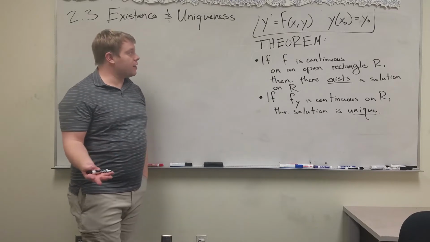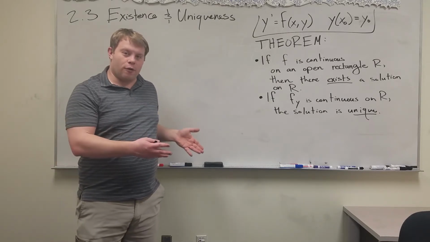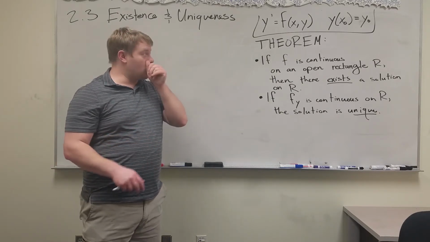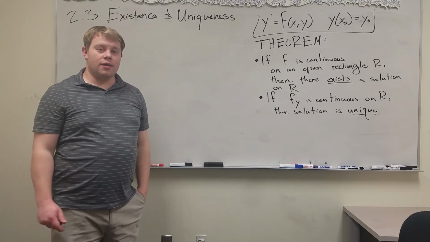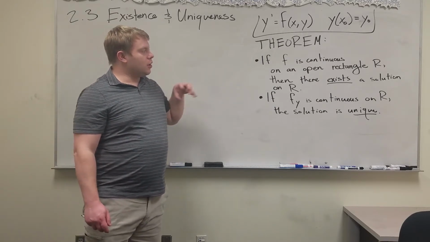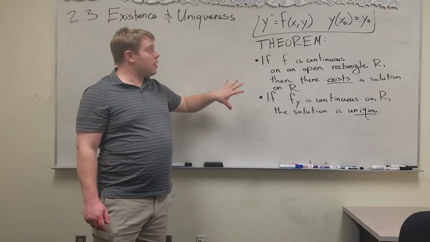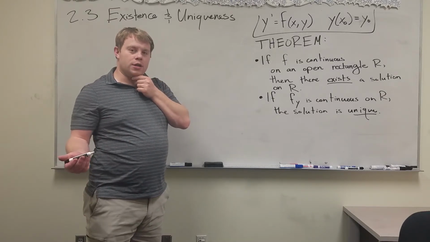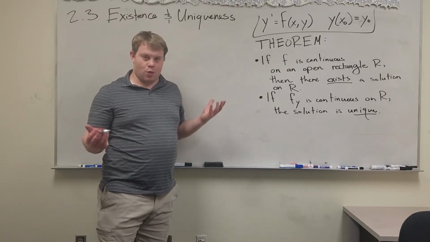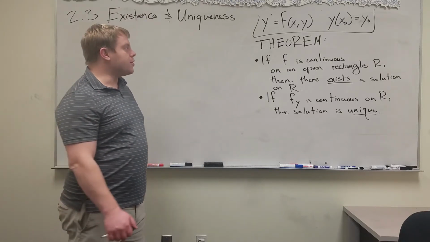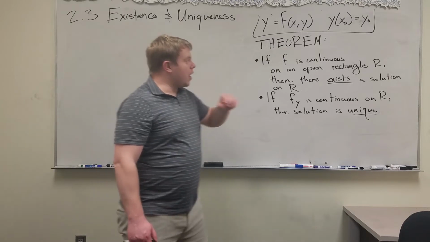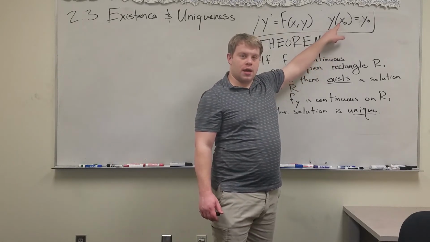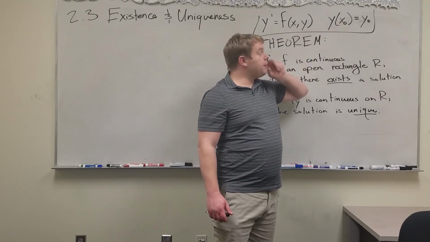If you're not given a differential equation in that form with y prime by itself on one side of the equation, then before you even look at this theorem, you would rewrite that equation in that form. In other words, isolate y prime on one side of the equation. And then of course we also have an initial condition at x equals x naught.